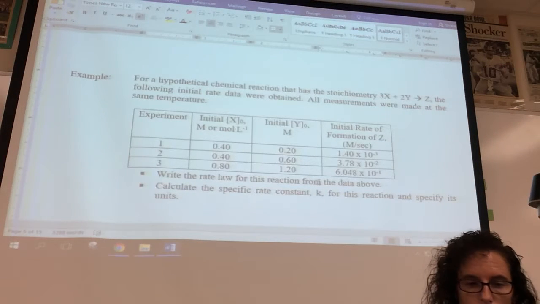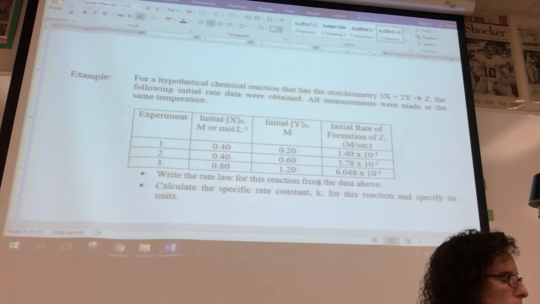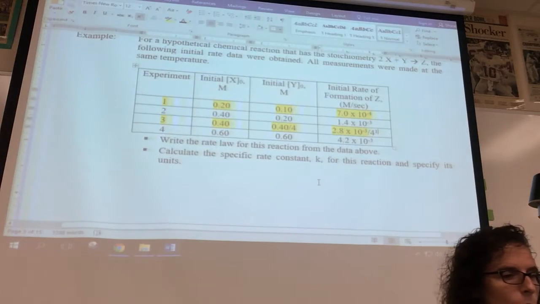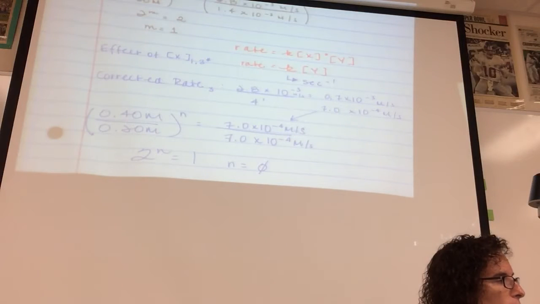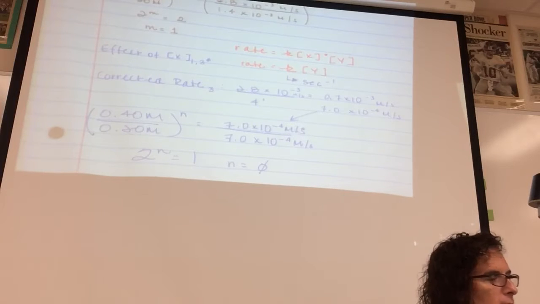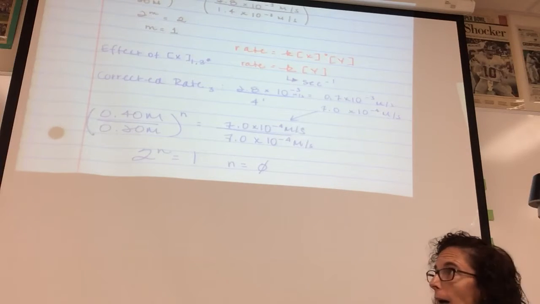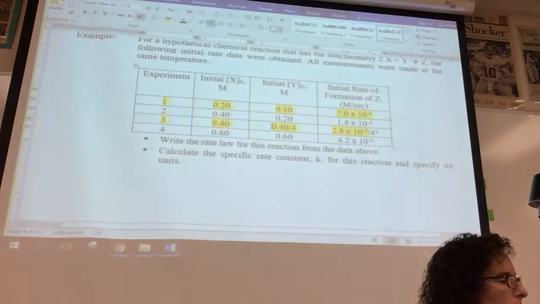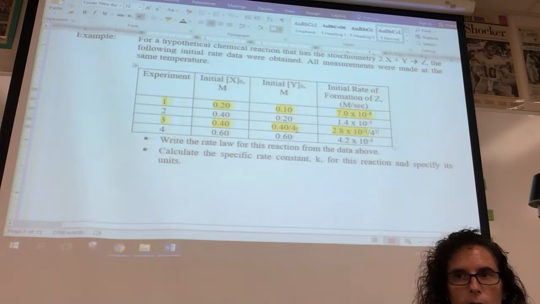Why didn't you divide the initial of the x by 4? The reason why I divided the third experiment's Y concentration by 4 is I wanted the first and the third to be the same. So if I divide, here on the screen, the third experiment's Y concentration by 4, I essentially set these to be equal to one another.